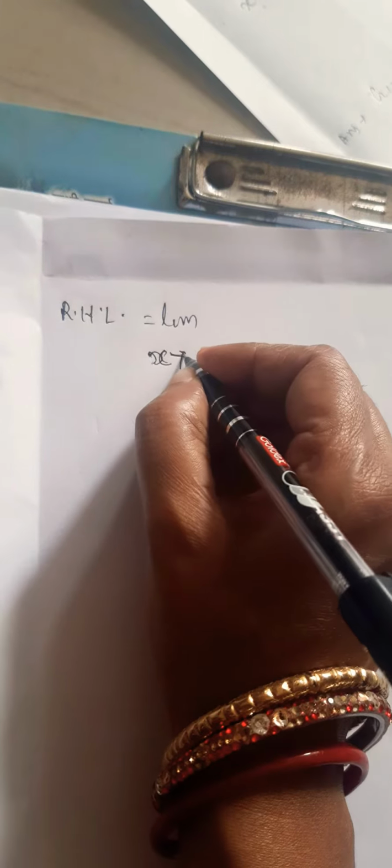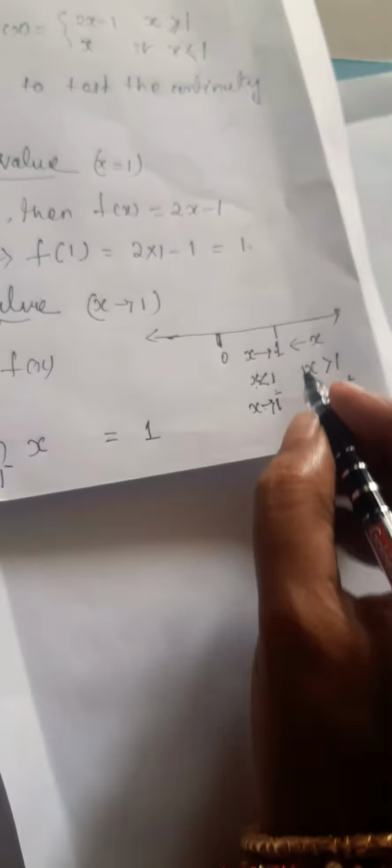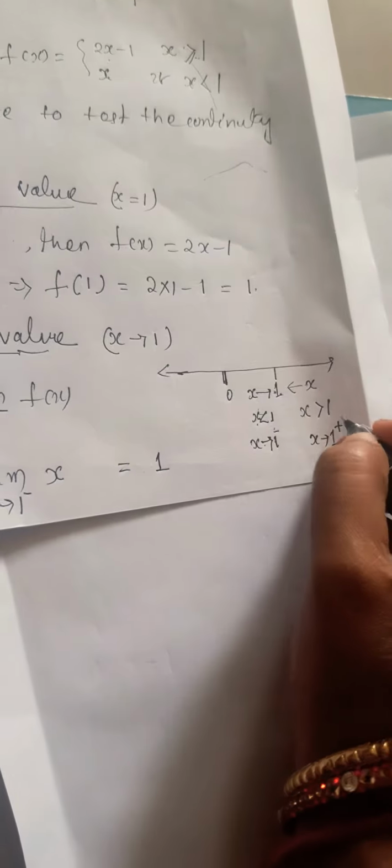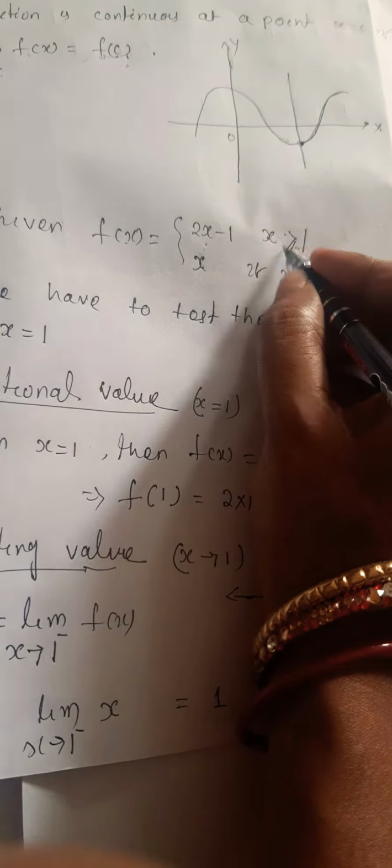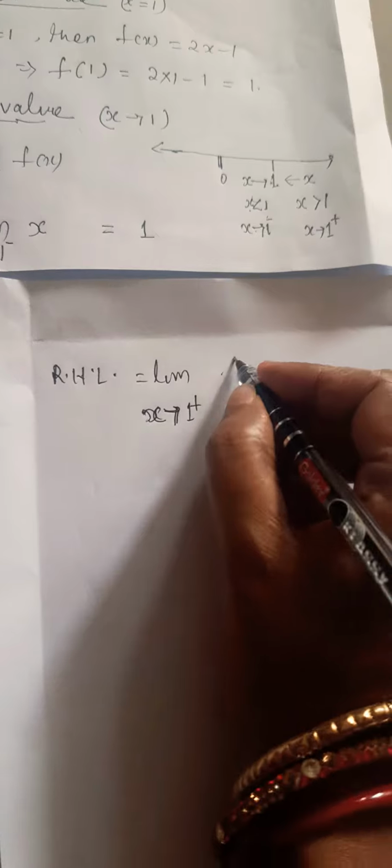Now we have to find the right hand side limit. Right hand side limit means x tends to 1 plus. You have to go towards 1 from the right side, that means x is greater than 1. As you have defined here, for x greater than 1, f(x) equals 2x minus 1.